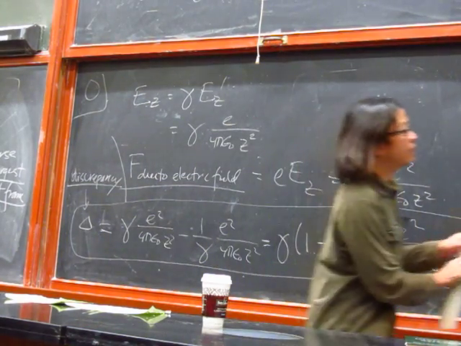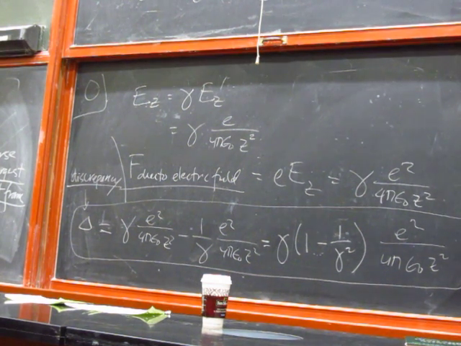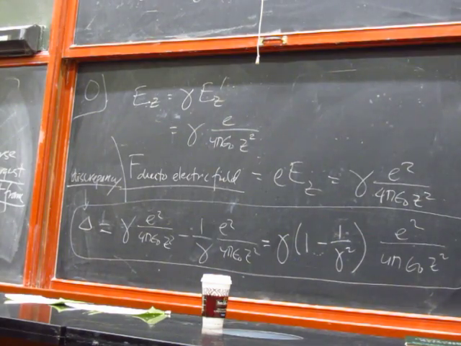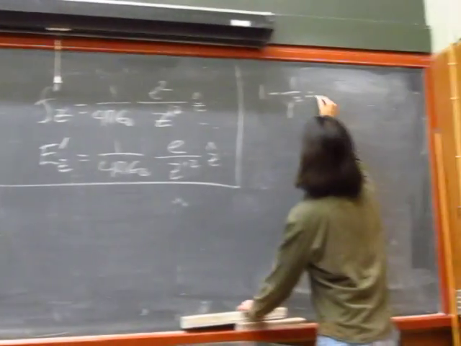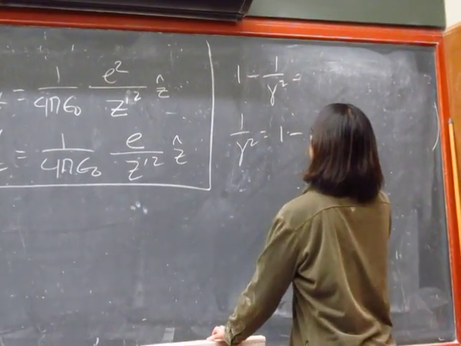Let me erase this since we know what we're talking about already. 1 minus 1 over gamma squared is just, what is 1 over gamma squared? 1 over gamma squared is just 1 minus beta squared, right?